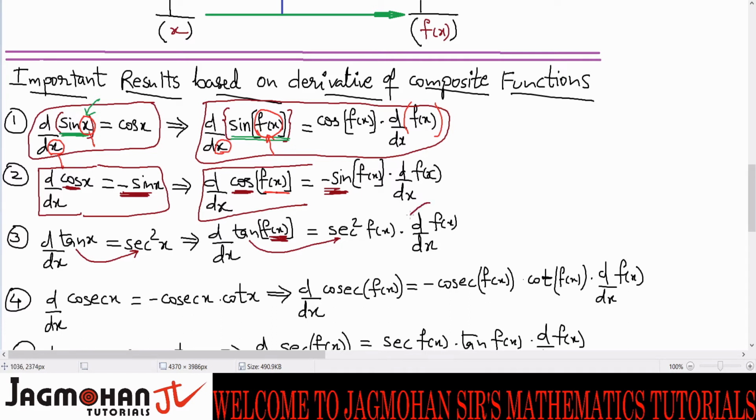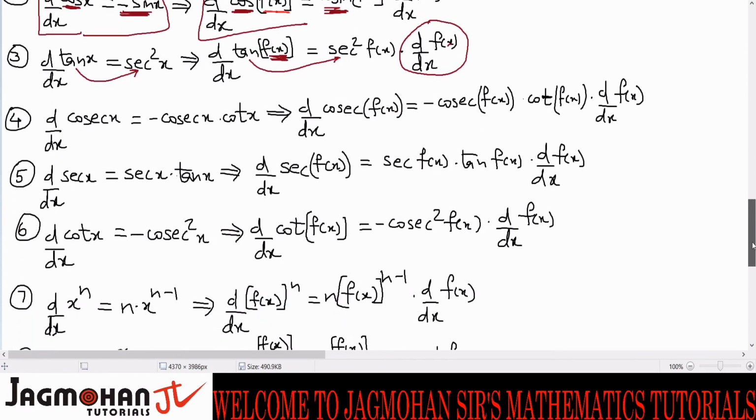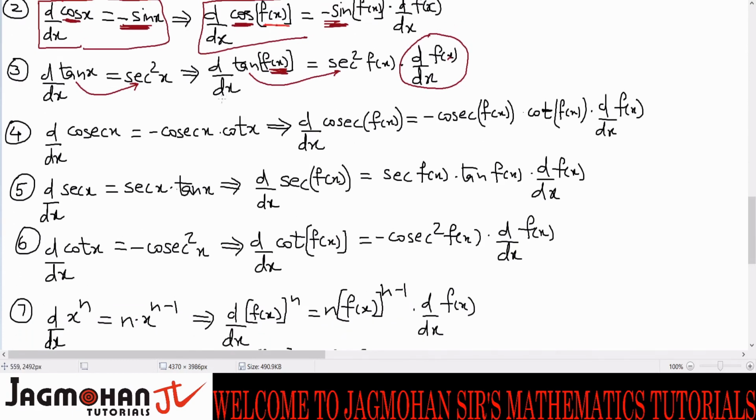But don't forget this part. You need to multiply d by dx of f of x. In every such derivative of a composite function, after you have differentiated using the derivative of the function, you will have to multiply d by dx of this f of x.